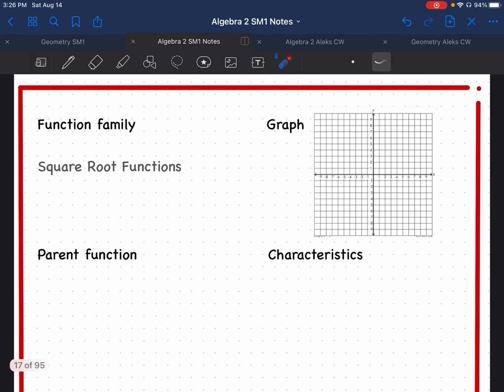All right, the next one is our square root functions. Our square root function's parent function is y equals, we see the radical symbol once again, an x. Now, we do not see a number in the radical because with the square root, we all agreed many, many years ago that the index of this radical is 2.